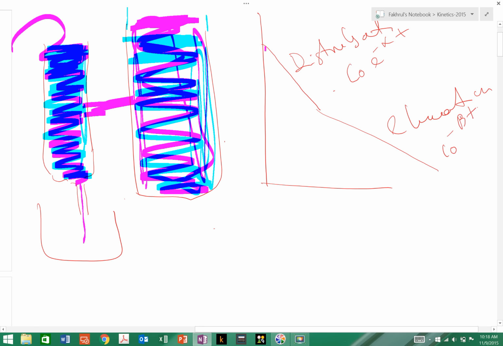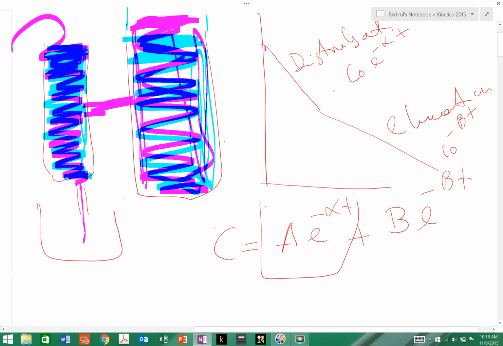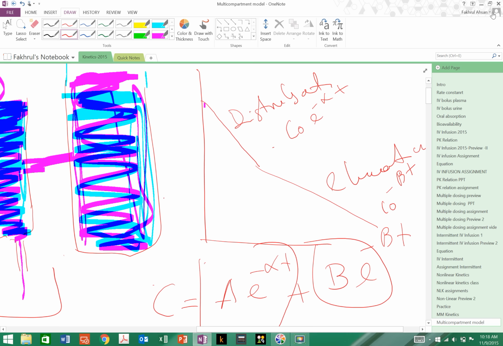So the total concentration, our C, would be, if you see the initial concentration, A e to the negative alpha t plus B e to the negative beta t. So it is just two exponential terms we have combined together. And now let's go back to our note.